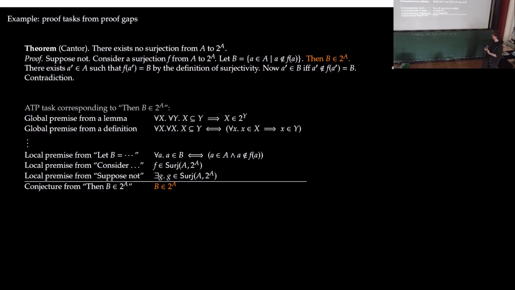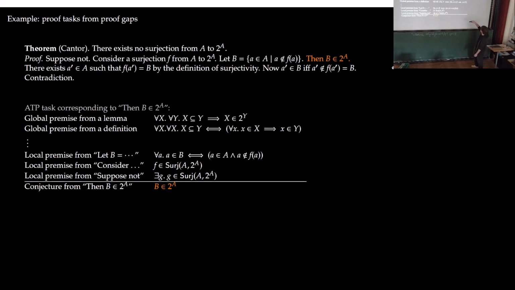We know what it means to be an element of the power set, and we know what it means to be a subset of something. And by construction, we're constructing B as a set comprehension using separation. So it's fairly obvious that this is indeed an element of the power set. But you do have to know all these things, right?